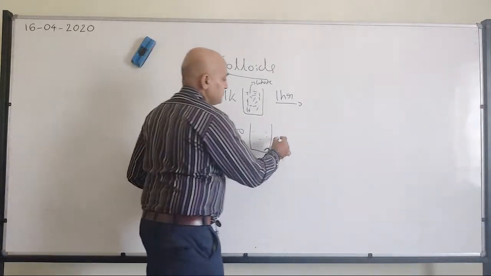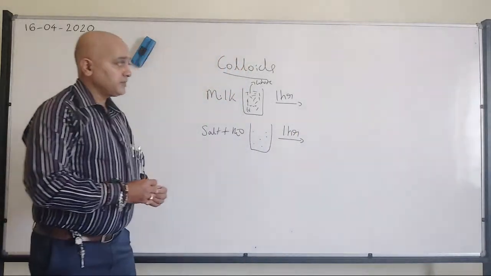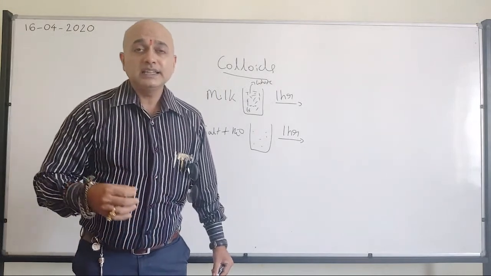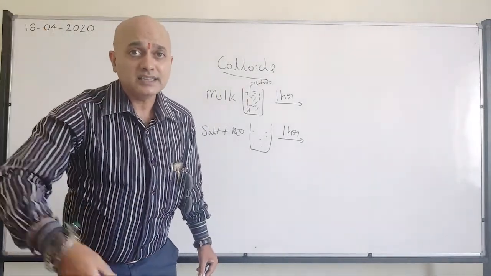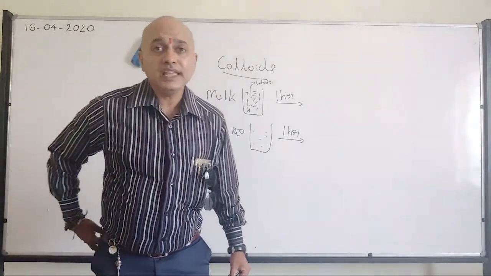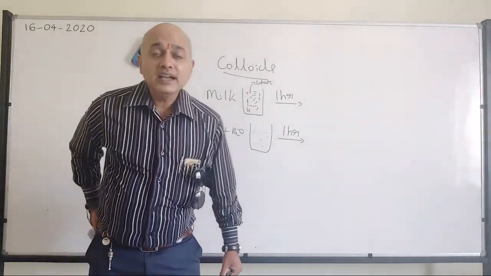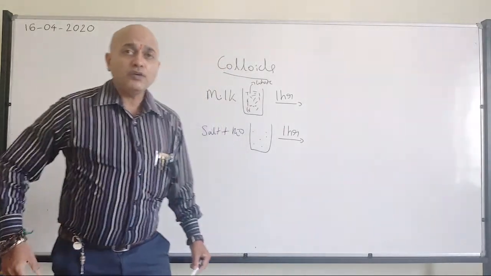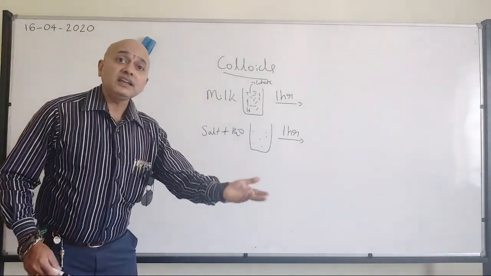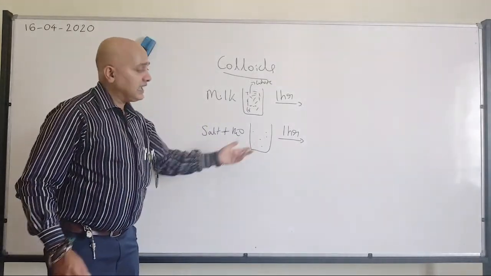Now all of us know that when I put salt into water and hold that glass in front of my eyes, naturally I can see on the other side. All of you will agree? Now I can see the other side of the glass without any hindrance. Therefore they are called crystal clear solutions, crystal clear in nature.